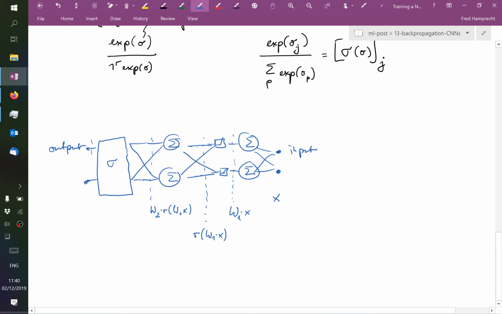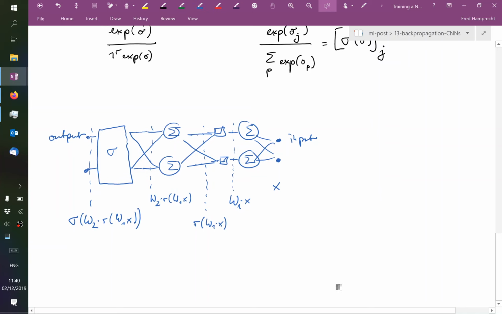So at this stage here, this would be sigma of W2, which was a linear operator acting on the rectifier R, which had as input W1 times x.